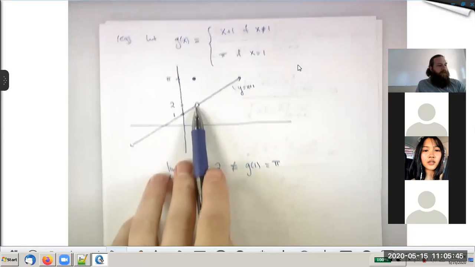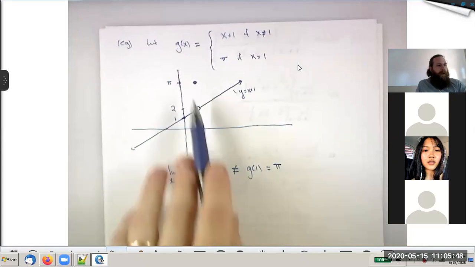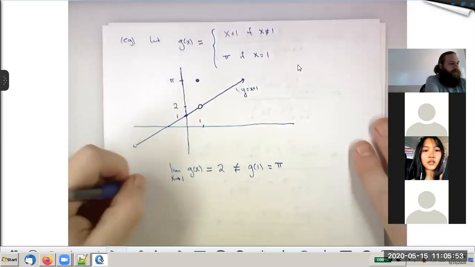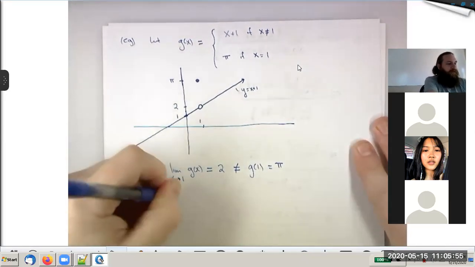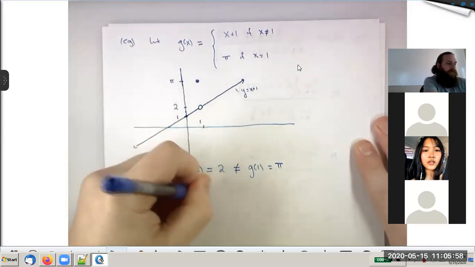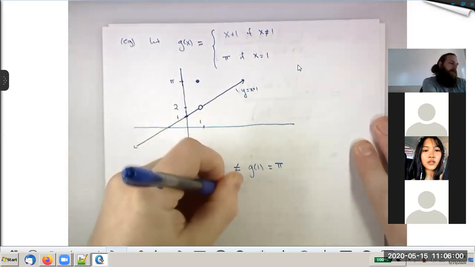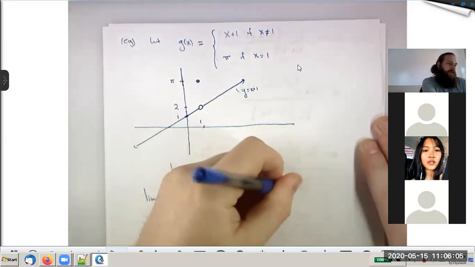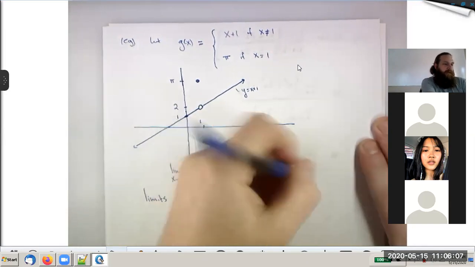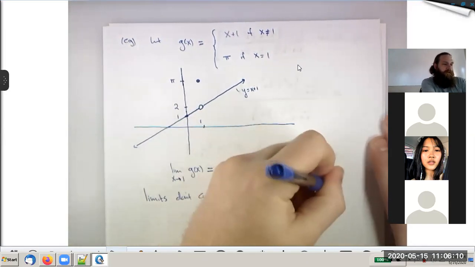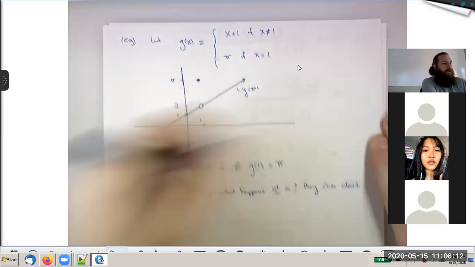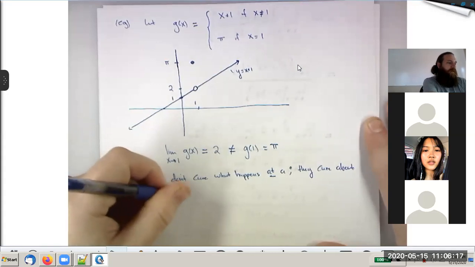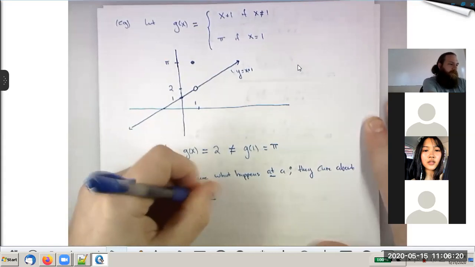However, this function is discontinuous at 1. And so that pi value isn't related to this limit. Remember, the limit doesn't care what happens at a, it cares about what happens near a.